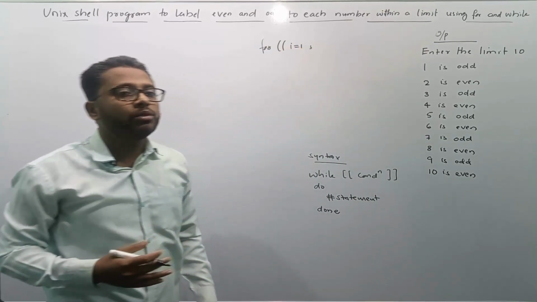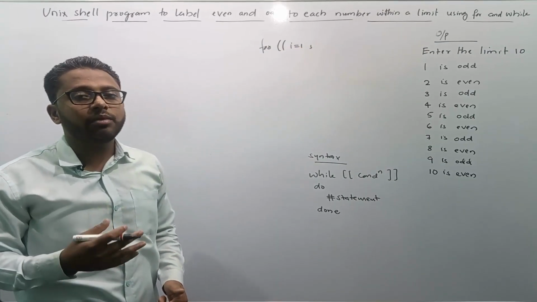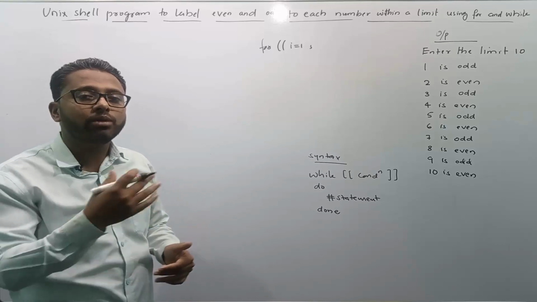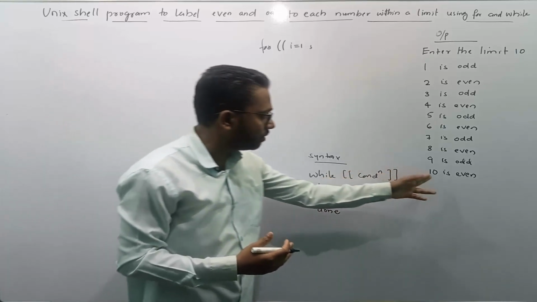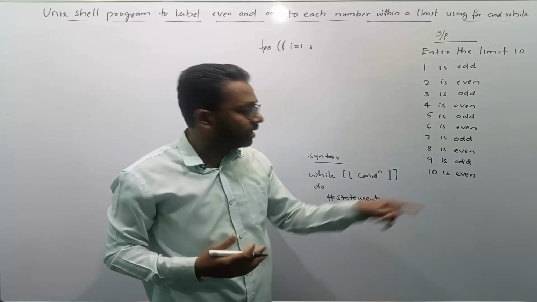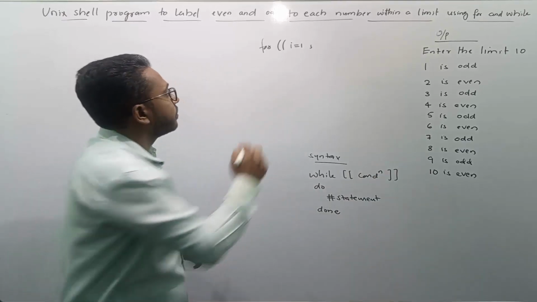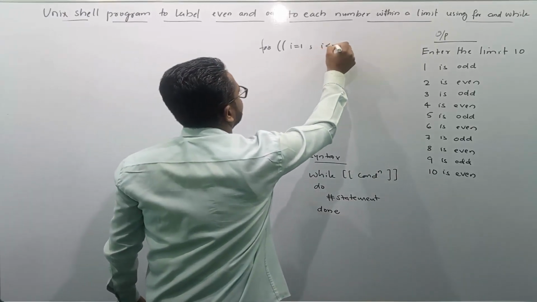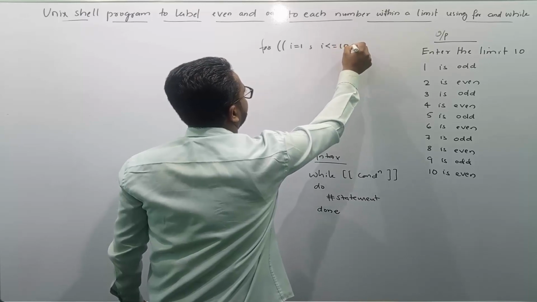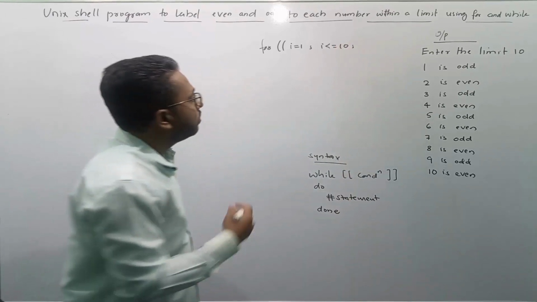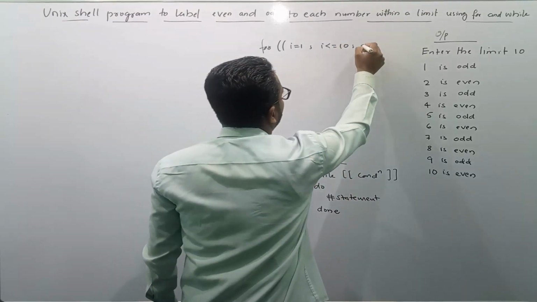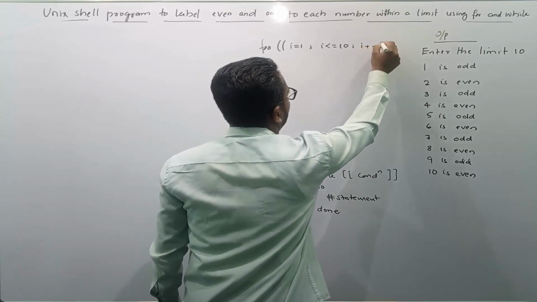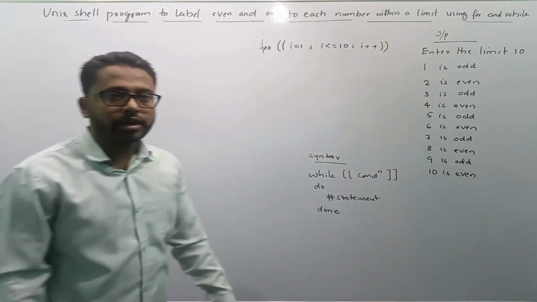The second part is the condition part, which tells us how long we want to execute the loop. I want to execute till I gets the value 10, that is, I is less than or equal to 10. Then with each value I want to increment I plus plus.